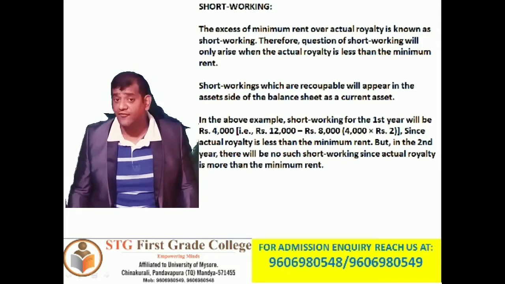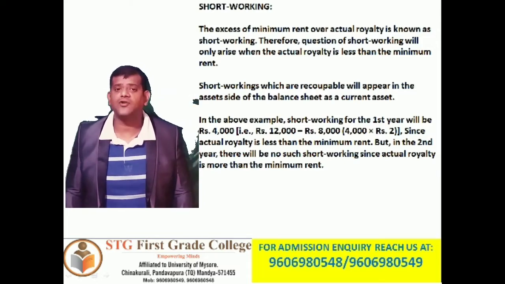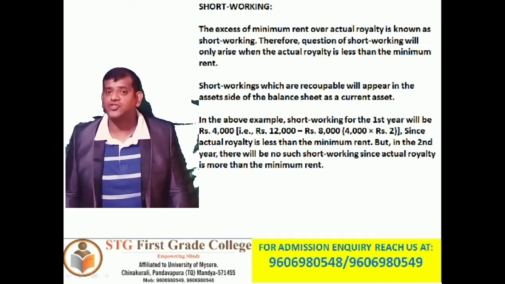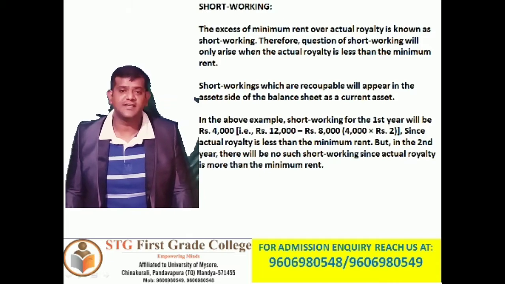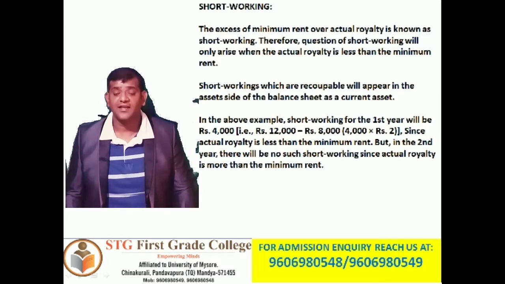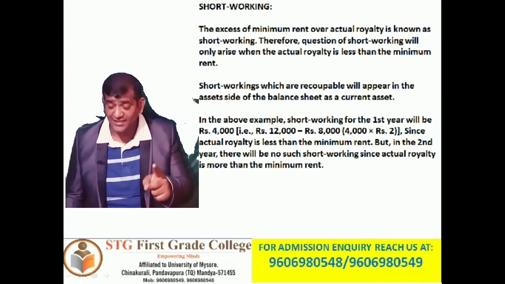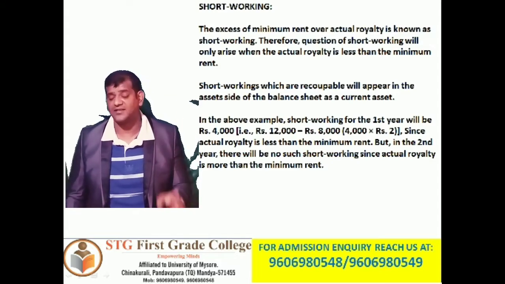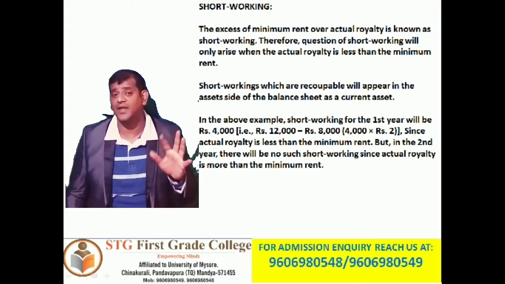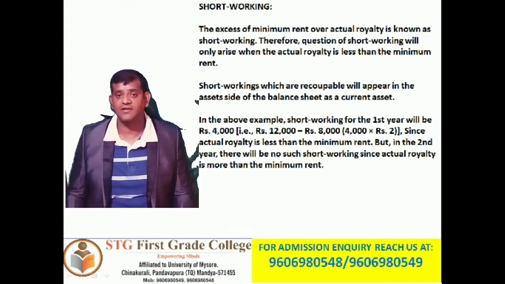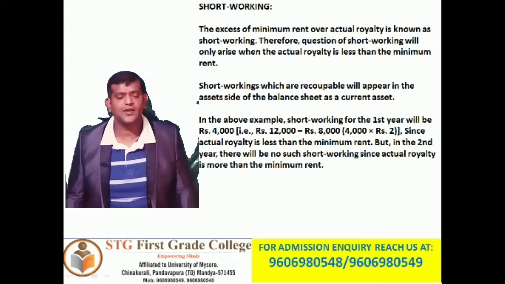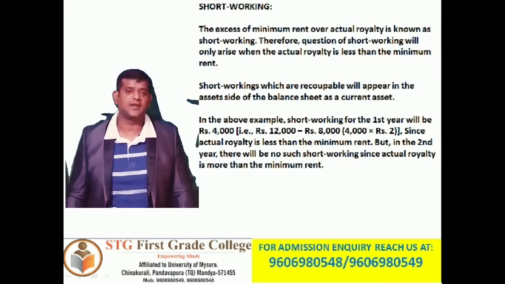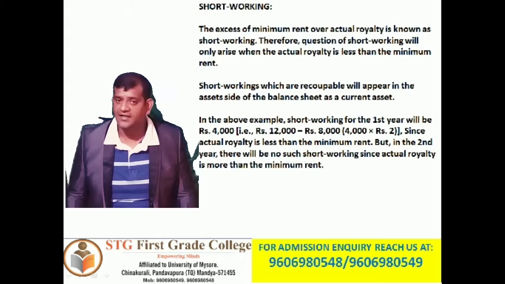Therefore, the question of short working will only arise when the actual royalty is less than the minimum rent. That means the minimum rent will be more and the actual royalty will be lesser. Short working which is recoupable will appear on the asset side of the balance sheet as a current asset.